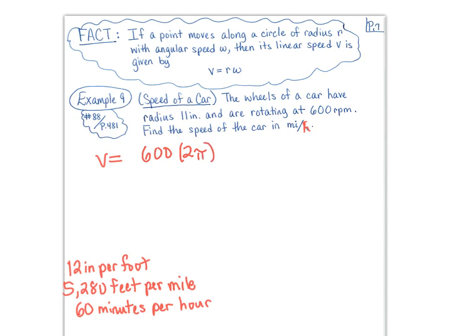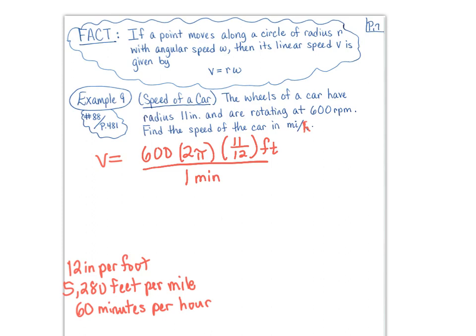And then you're given a radius of what? 11 inches, but we need to use feet, so we multiply our numerator by what? 11 over 12 feet. And that's per minute.